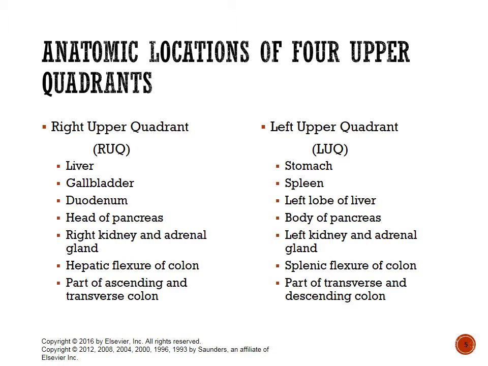The right upper quadrant houses the liver and the gallbladder, also different portions of the intestines. In the left upper quadrant, the things that we look most for would be the stomach and the spleen, and then also the kidney.